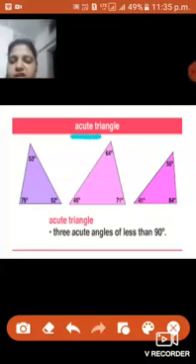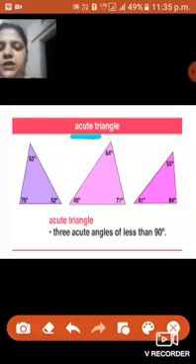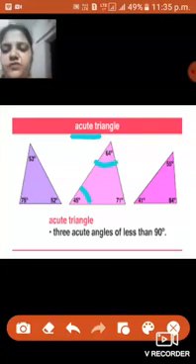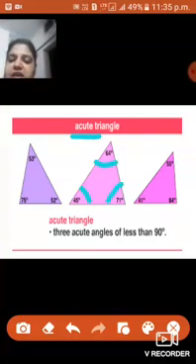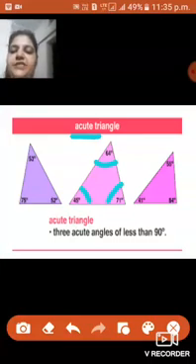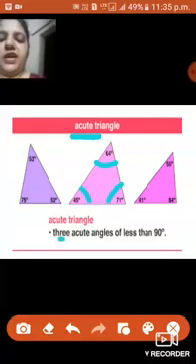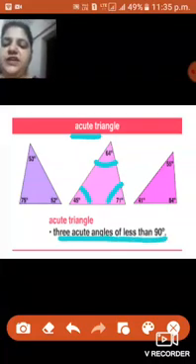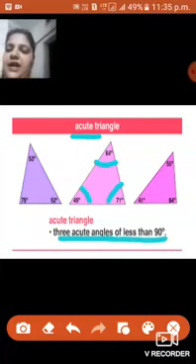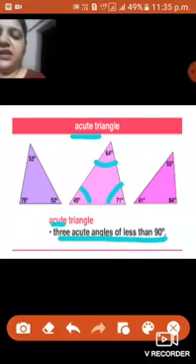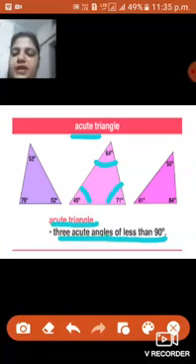Just see in this triangle, the middle one, you can see one angle is 45 degree, another is 64 degree and another is 71 degree. You can see that all are less than 90 degree. So, if all the three are having less than 90 degree, then it is an acute triangle.